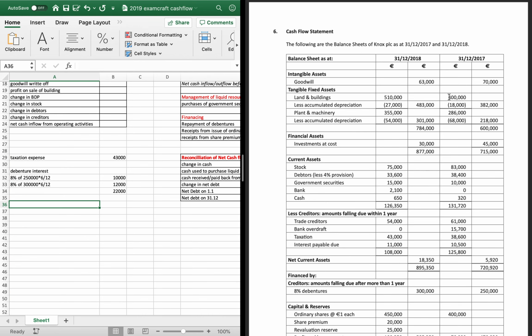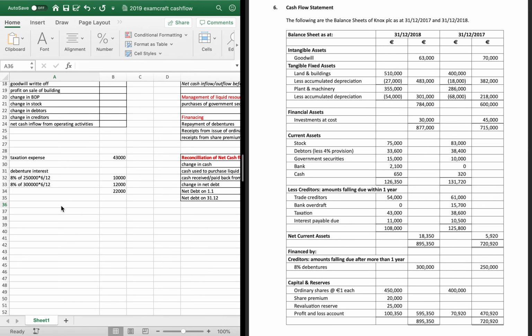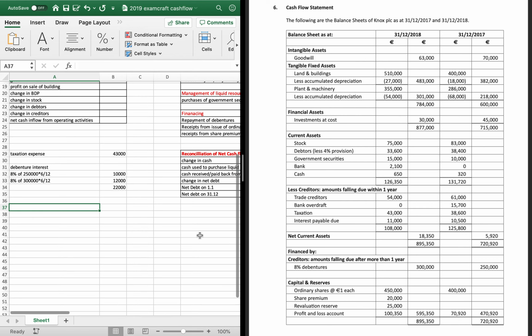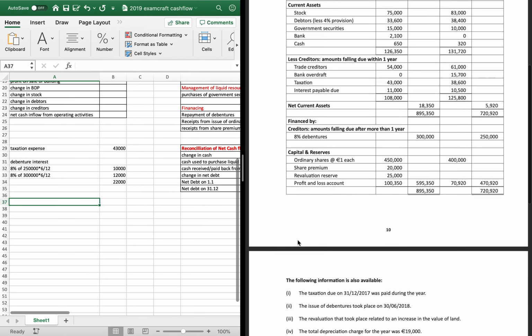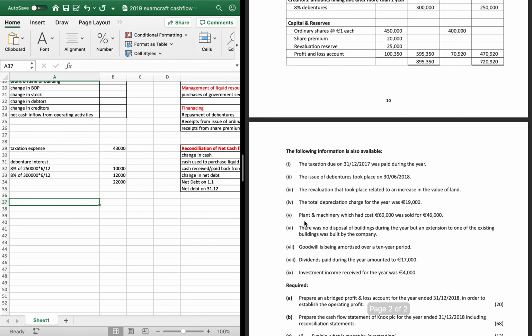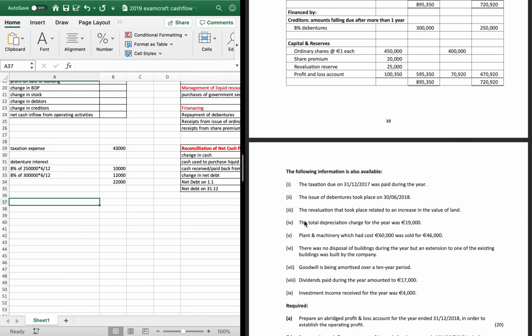So what I would do there is I'd take that 400,000, and from that I would take away the 25,000. I'll come back to that. I need to have a little think about that as we go, because obviously the revaluation of land would come away from that to 510,000 as well. So let me just have a think about that, and I'll come back to it. But I'll just make a note of that.